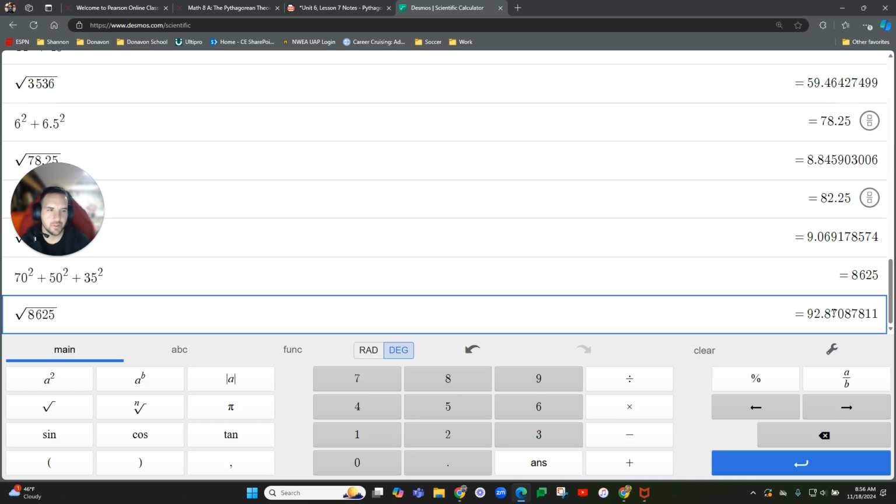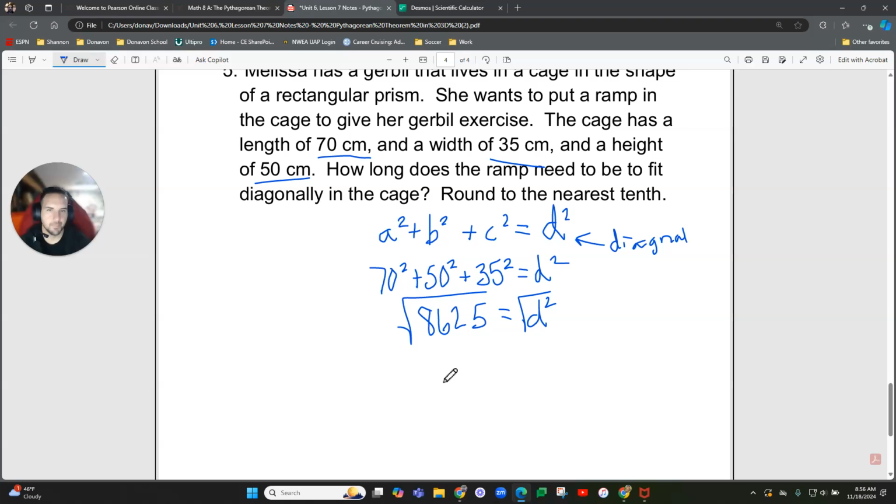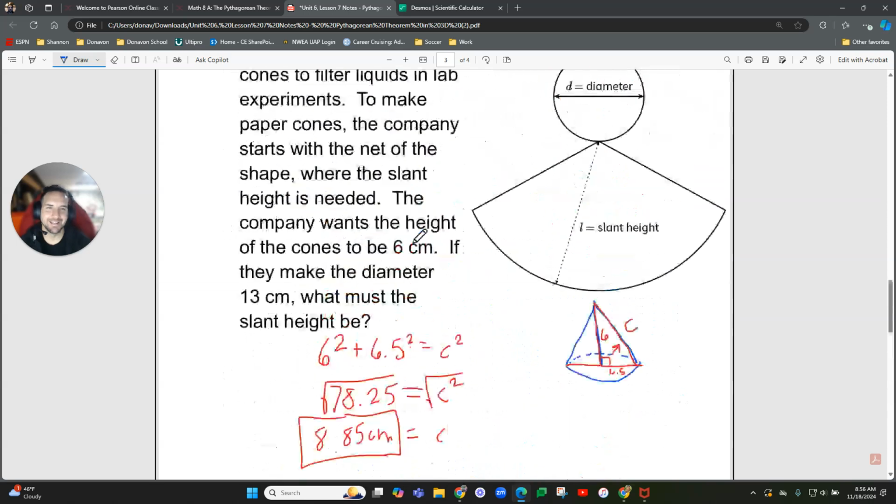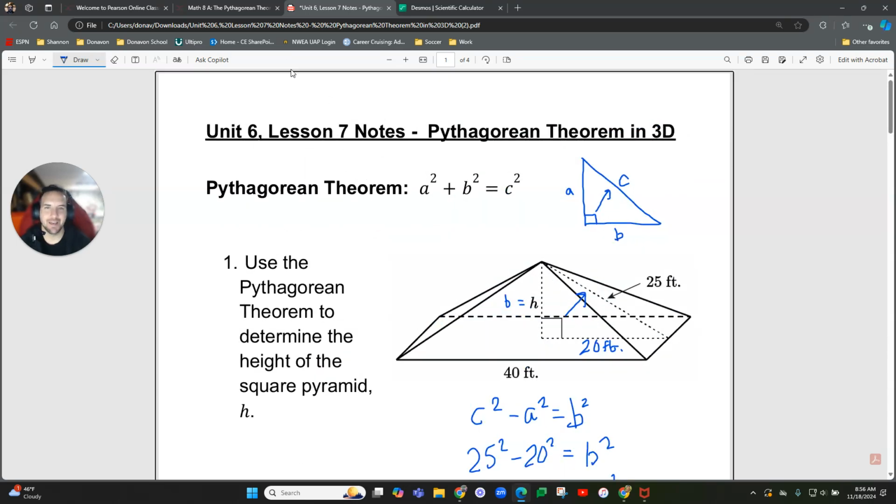So that's 92 point, we'll round to the nearest hundredth, so 92.87 centimeters. And that is the length of the diagonal of the cage for this gerbil. All right, that's it for lesson number 7.